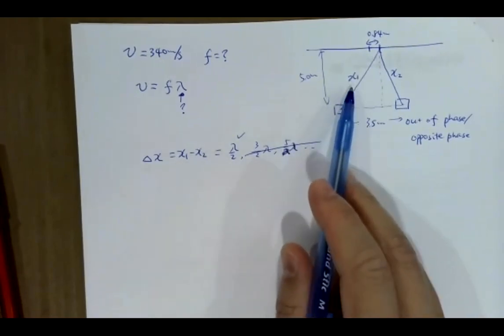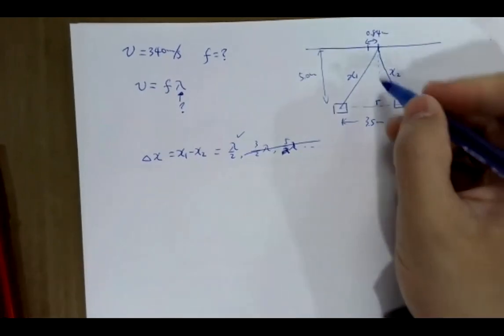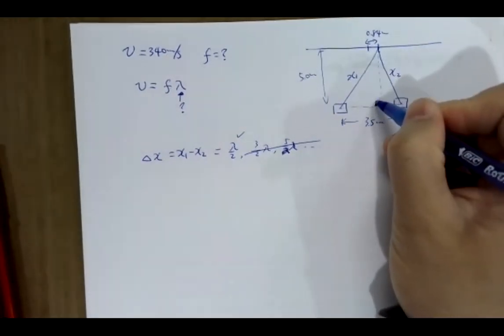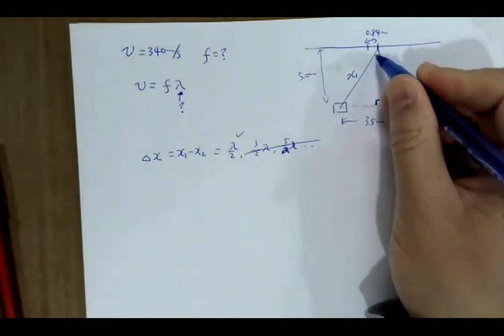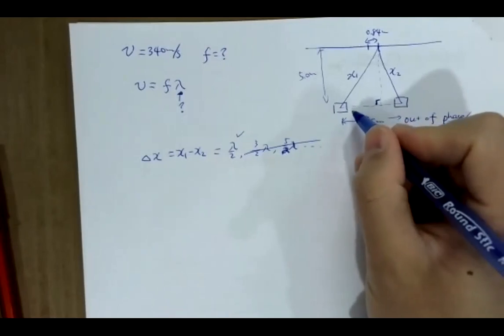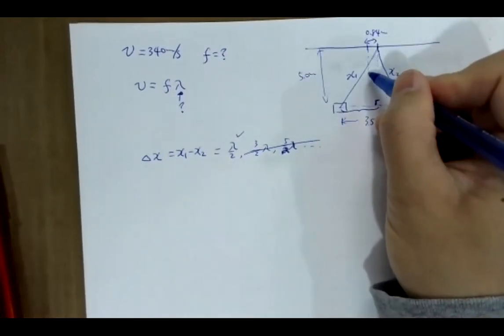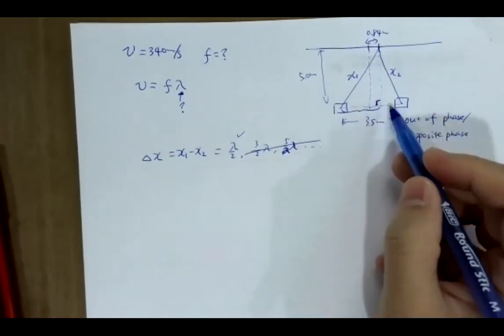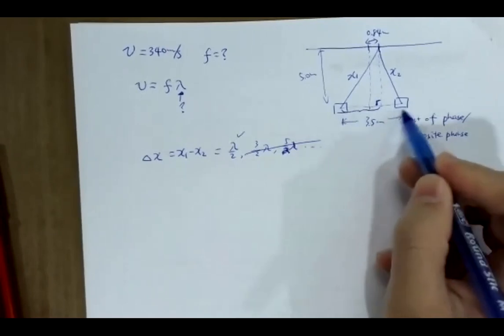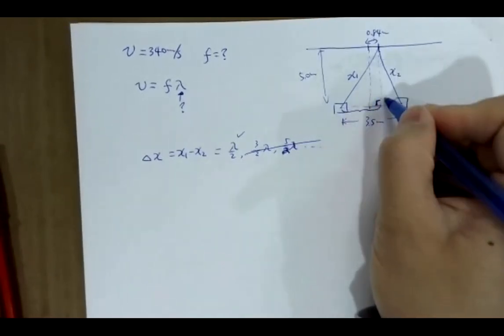So for delta x, x1, x2, if this is the right angle here, then this is 5 meters. The height of this triangle is 5 meters. And this distance you can calculate because this is halfway over here, and then you moved by 0.84. So it's half of 3.5 plus this guy, and then this is 5.